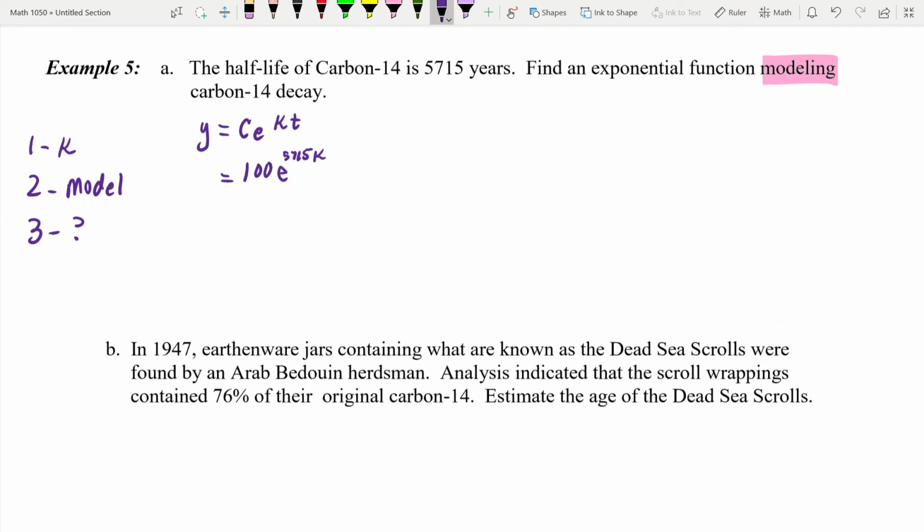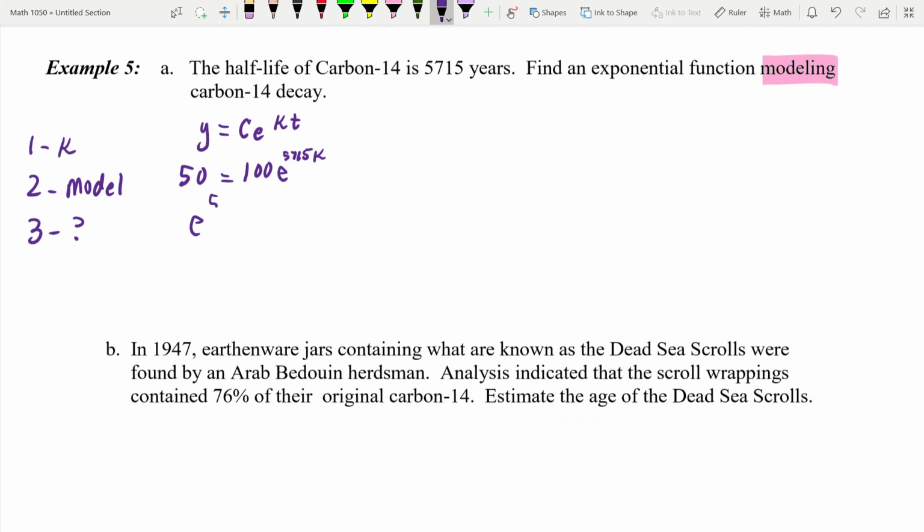So if I start with 100, and one half-life cycle has passed, how much do I have now? Everybody tell me. Half as much, 50. This should look really familiar. I know I'm going to have to convert. My K is in my exponent, but I'm not stuck. So I divide by 100.